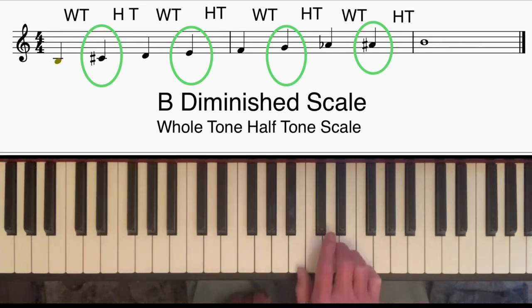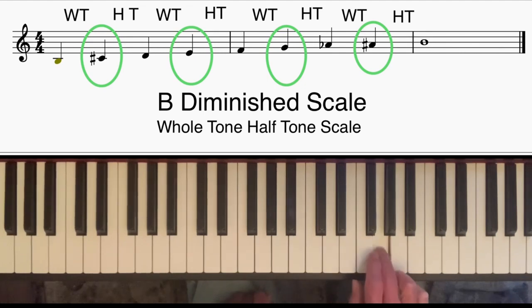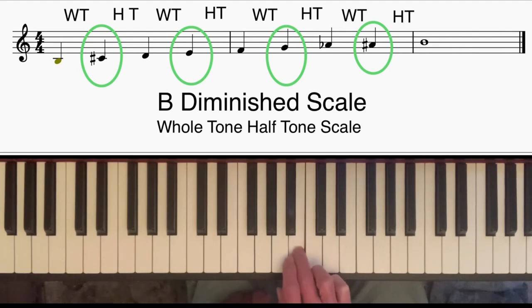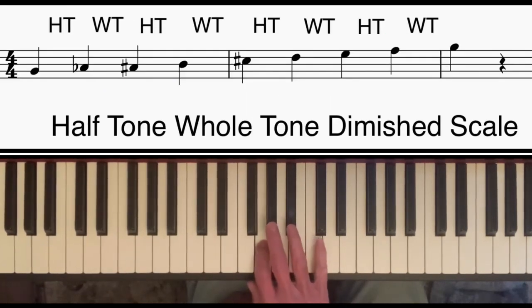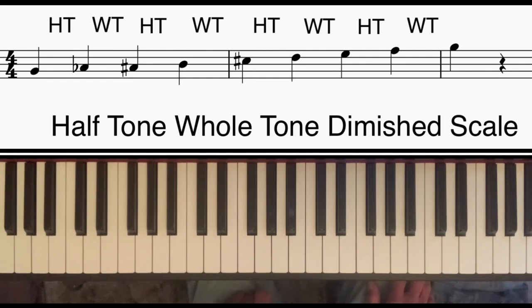So if you start from B, the next note is a whole tone above it. Then a half tone, whole tone, half tone, whole tone, half tone, whole tone, half tone. If you started it on G, you go up a half tone, then a whole tone, half tone, whole tone. So the 2 scales mean exactly the same thing. It just depends where you're starting from.